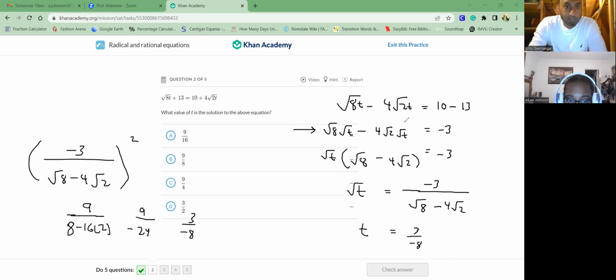We can also just try plugging in these answers for t. Take the 9/16 and plug it in right there and right there to see if it checks out. We can also test each answer. But we did something wrong there.